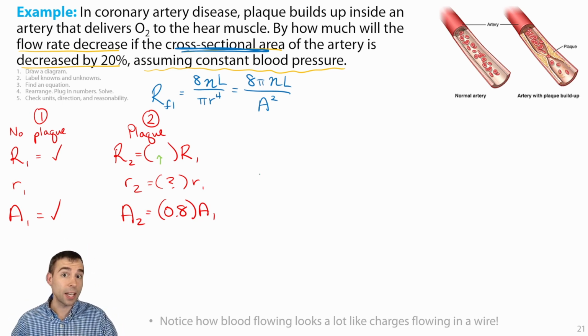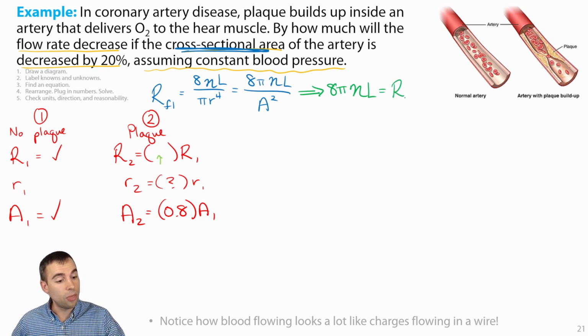Now, by taking the Arrhenius-Poiseuille law and solving for a constant set of variables and leaving all of the variables that we don't know on the other side, we can rearrange this equation and say that 8 pi eta L is equal to the fluid resistance times the area squared.